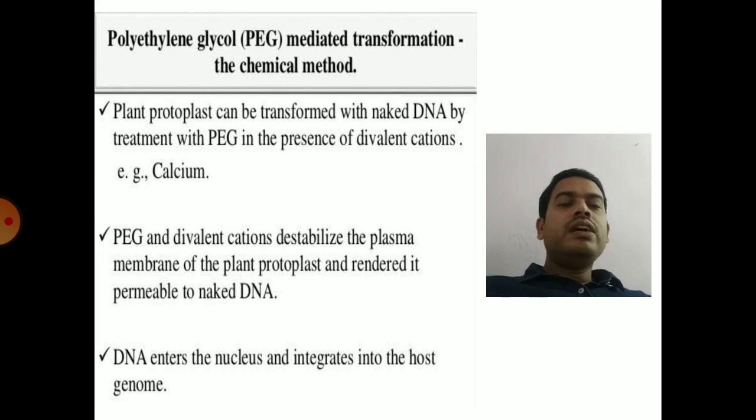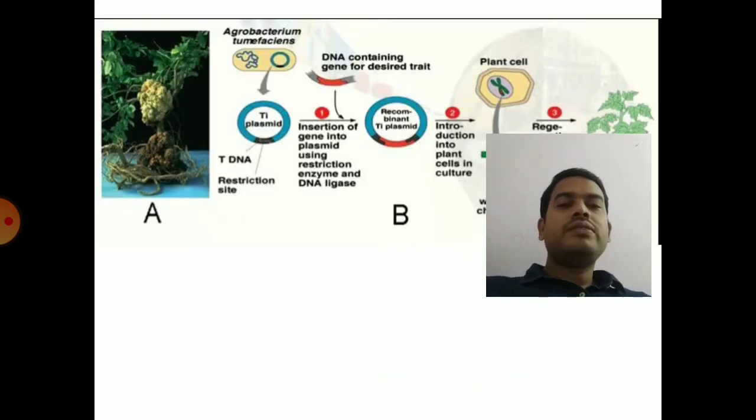The polyethylene glycol and calcium together destabilize the plasma membrane of the plant protoplast and make it permeable to the foreign DNA. So the foreign DNA can easily enter into the cell. So you use polyethylene glycol and calcium to make pores in the plasma membrane such that your foreign DNA will enter into the plant protoplast. So this is how you transfer your foreign DNA into protoplast.